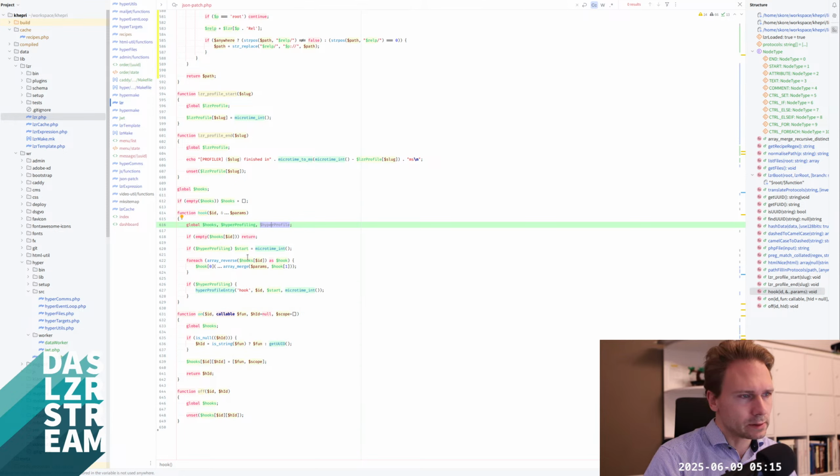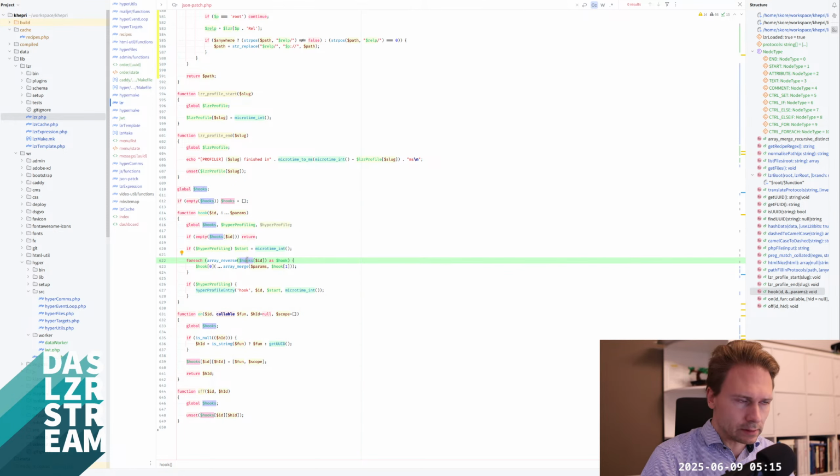So the problem with this is that it needs to go through all these dynamically. Do we want to be able to dynamically assign hooks is the question. I don't think so.